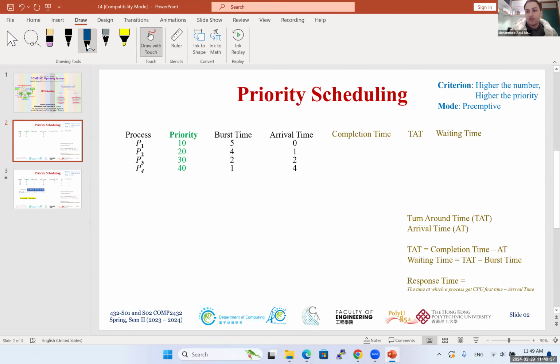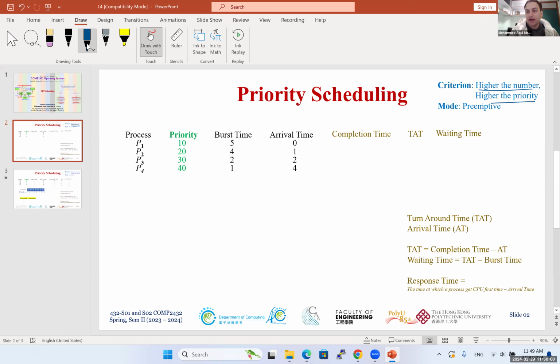The criteria for solving here is higher the number, higher the priority. That means if you have a high number, it is a high priority task and you need to finish that task first before the other priority tasks. The criteria could also be smaller the number, higher the priority, or higher the number, smaller the priority.